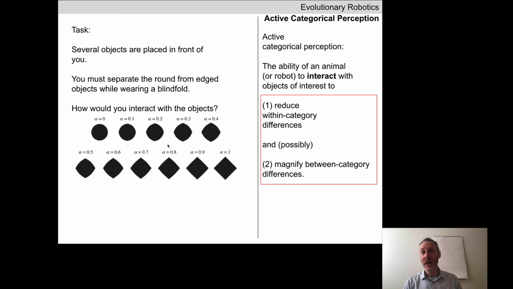But if we ask the blindfolded subject, who has blindly been asked to roll their hand along the top of these 11 objects, what answer would that subject give us? What's the answer?